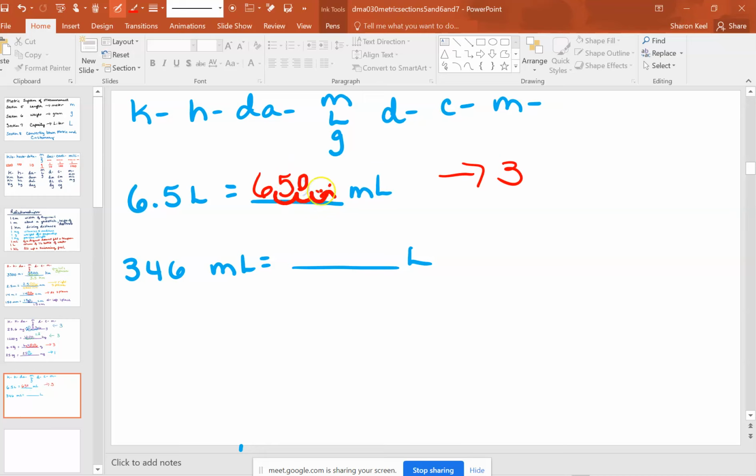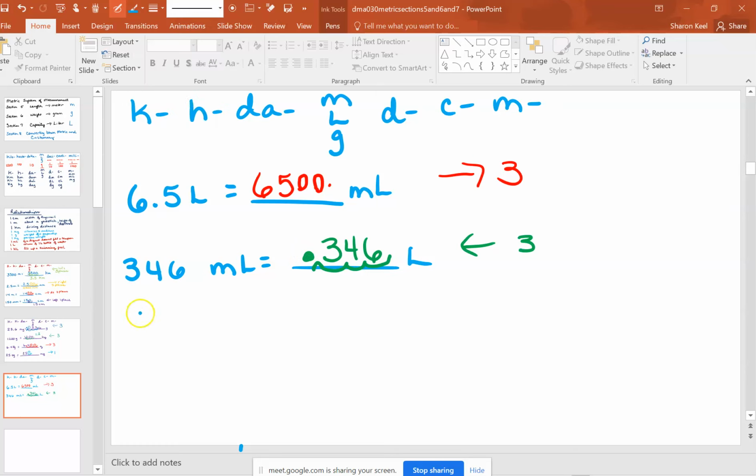So in this case, I'm going to add only 2 zeros. When I have 346 and I'm going to go from milliliter to liter, I'm going to go left 1, 2, 3. So my understood decimal's here, I go left 1, 2, 3. So that means we have to put the decimal up in front.